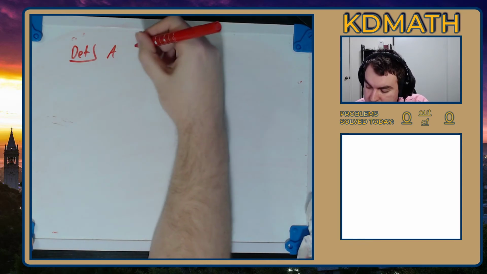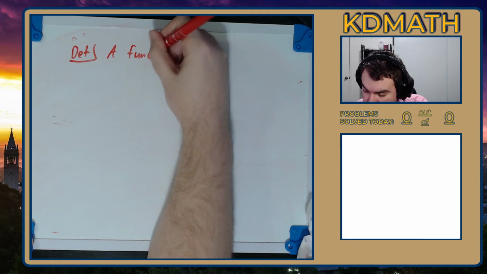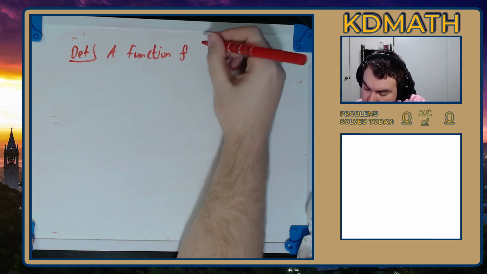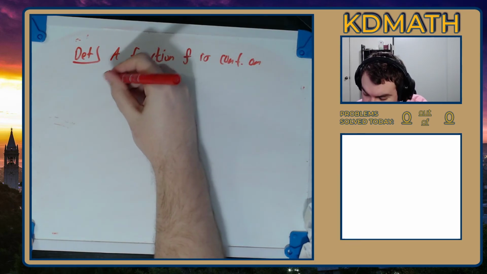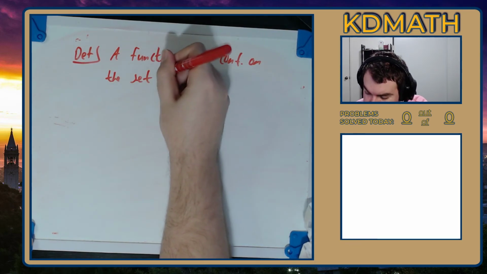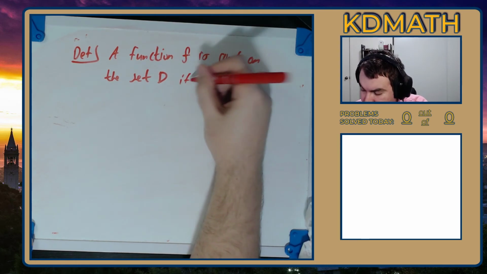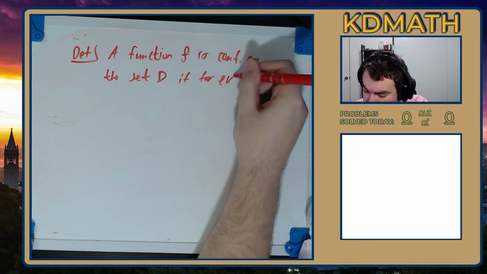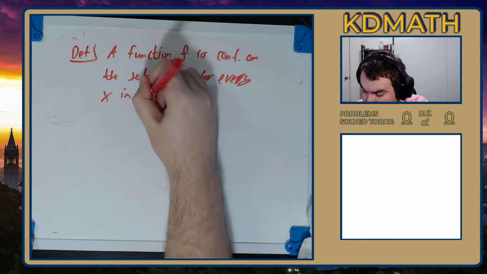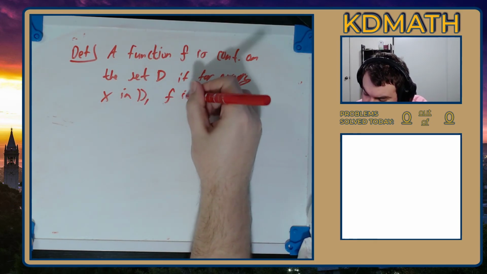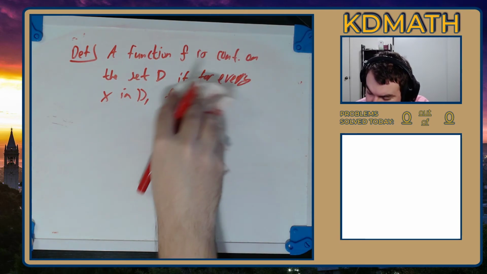A function f is continuous on the set D if, for every x in D, x is a point of continuity of f.